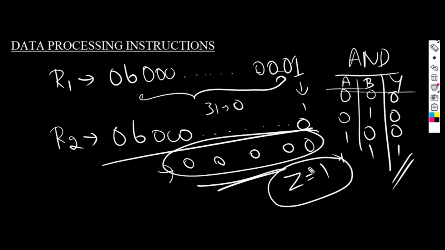So if you don't need the result of the AND operation, but based on that you want to update the conditional flags, in that particular case you can use TST R1, R2. This performs the AND operation, doesn't store the result but updates the conditional flags.